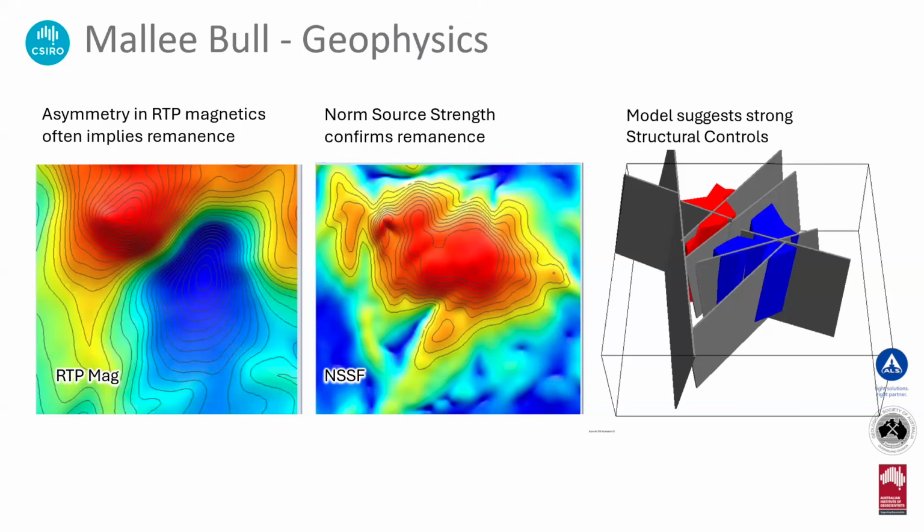Now, if we have remnants, so pyrrhotite can be very strongly remnant, then the RTP is not going to work. And so you can see here, this still looks like it's a remnant anomaly. You've got this dipole effect, high mag here, the high here and the low here.